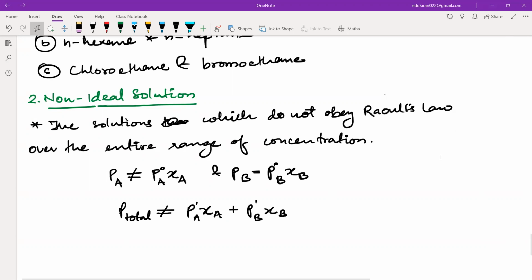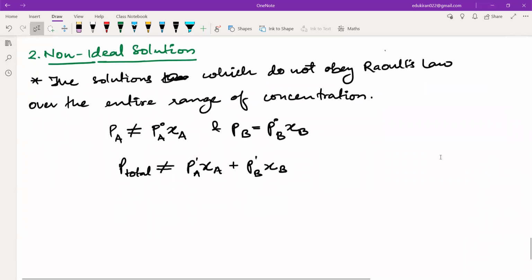What will be the reason here? The main reason will be the intermolecular force of attraction, the IMF.